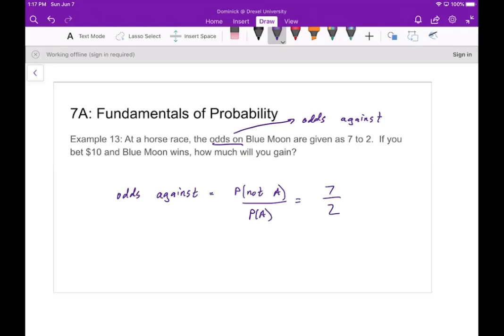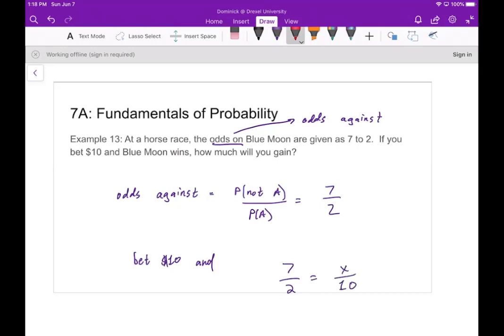Right, so they're telling us the probability that this horse doesn't win is 7 out of something, and the probability that it does win is 2 out of something. Now, if we bet $10 and this horse wins, then we need to solve this, right?